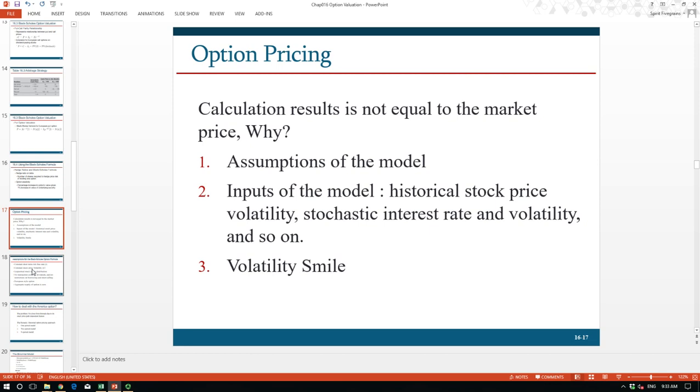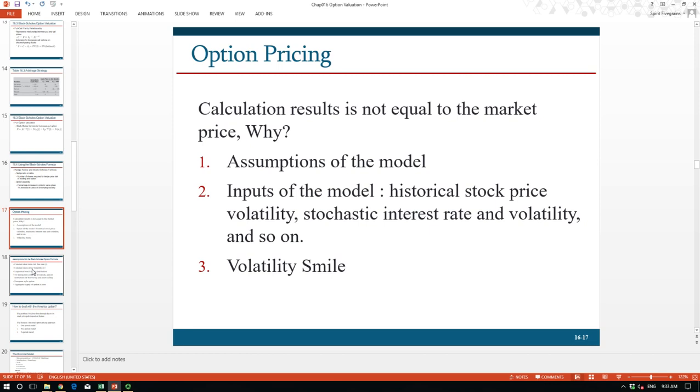And the last reason is the so-called volatility smile. When you look at volatility for in the money and out of the money options, you find that the volatility tends to be higher for deep in the money options and deep out of the money options. And the moneyness of the option is not a variable in the Black-Scholes formula, but here volatility is a function of its moneyness.